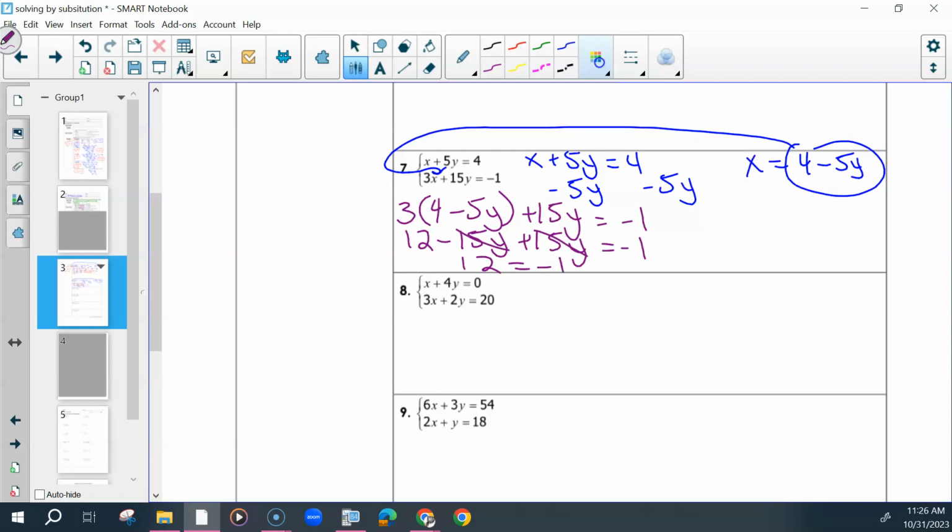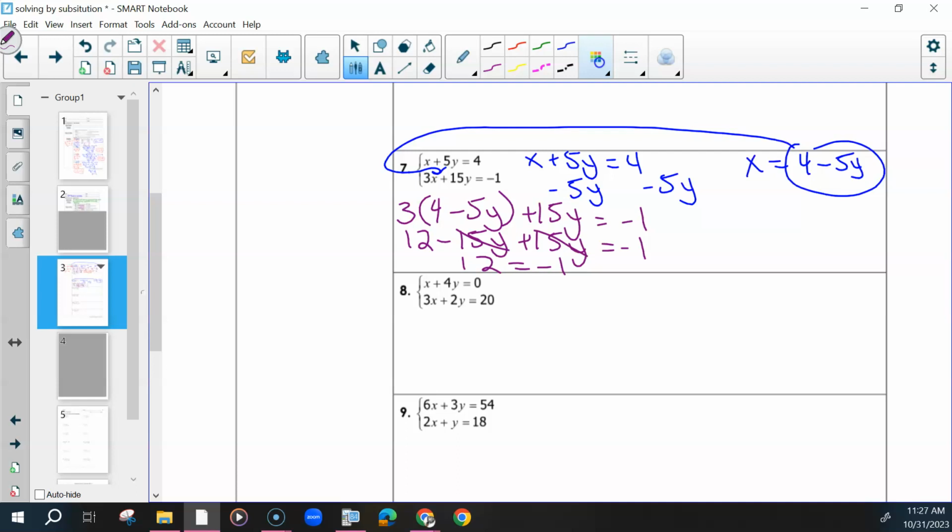And then we're left with something like this, which should look familiar as a special case solution. What type of solution would this be? What do you think? What type of solution is this?